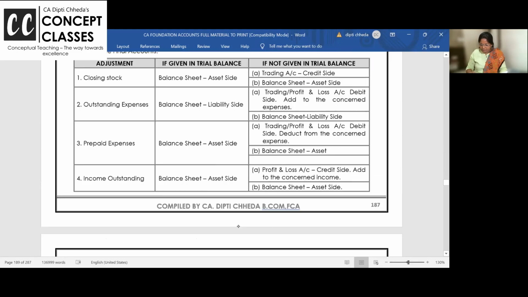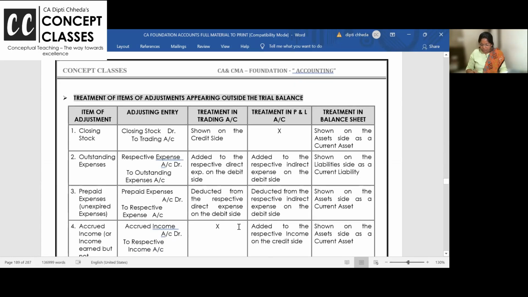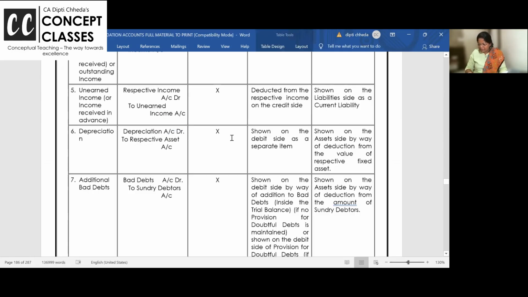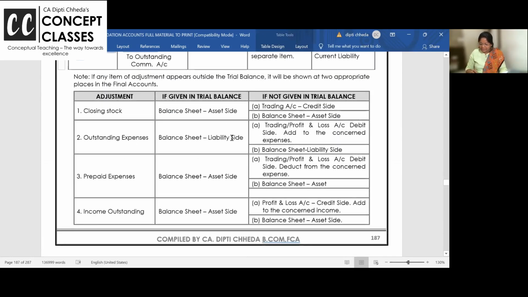And yeah, what are these tables also? Look at this. Closing stock. What is the journal entry? Closing stock to trading account. Credit the trading account with closing stock. So what are the one effect and two effect I have explained here? Read this, and this is also very nice. If you have given two effects, like this.